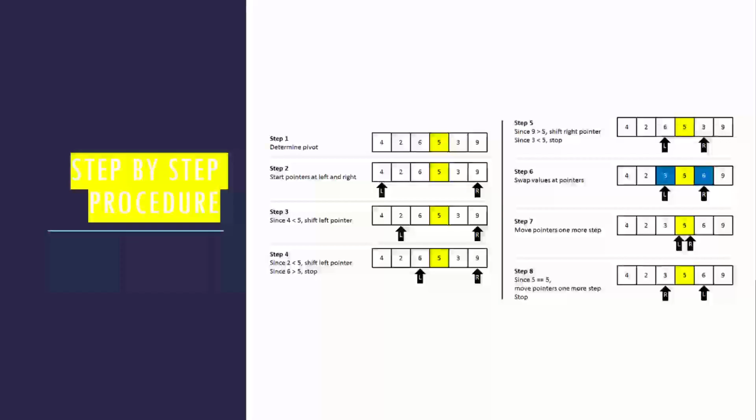Next is a step-by-step procedure with an example. As we can see here, we have 6 elements. The elements of the array are 4, 2, 6, 5, 3, and 9.